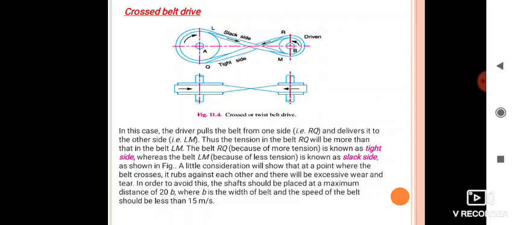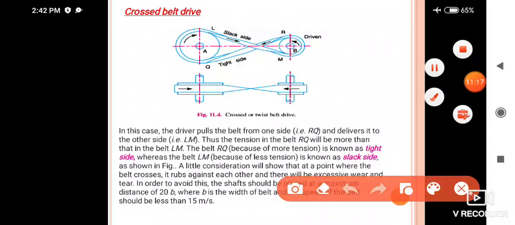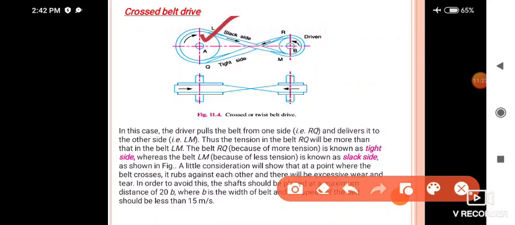In the figure itself it is clearly shown. The L and M portion is called the slack side, and the below portion from Q and R is called the tight side.